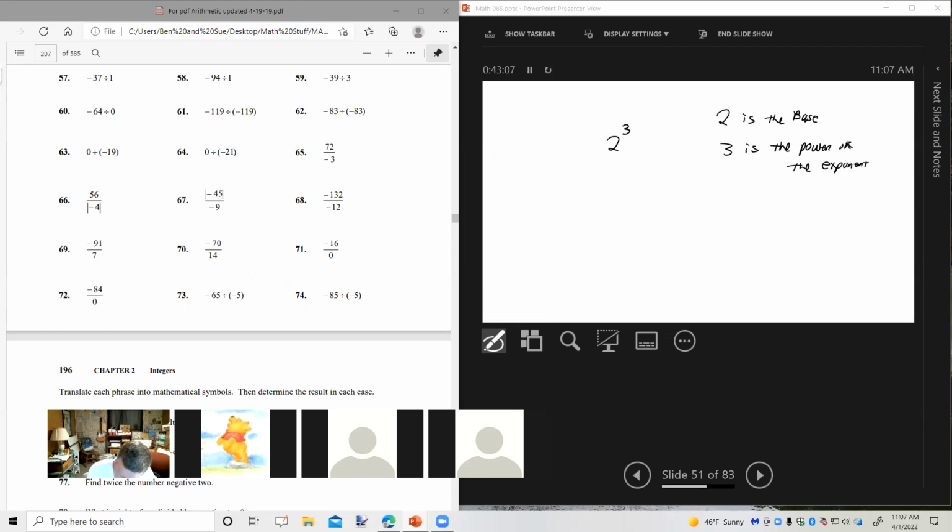So 2 to the 3rd power, or 2 cubed, we say cubed because a cube has 3 dimensions like a Rubik's Cube. So this says we have 3 factors of 2, or 2 times 2 times 2. 2 times 2 is 4, times 2 is 8. So 2 cubed is 8. 2 is the base, 3 is the exponent or the power. Any questions about that example?